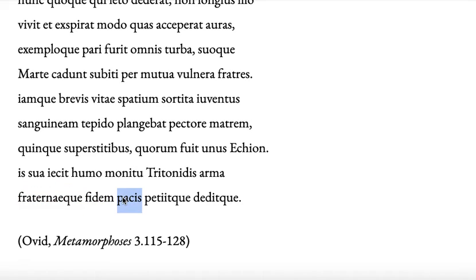So those are both genitive. The adjective fraternae, genitive feminine singular, agreeing with pacis, genitive feminine singular. So that whole line means, and he sought and gave, petiitque, deditque, a pledge, fidem, of fraternal peace, fraternae pacis.